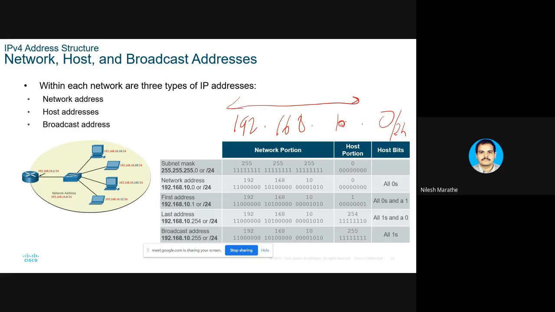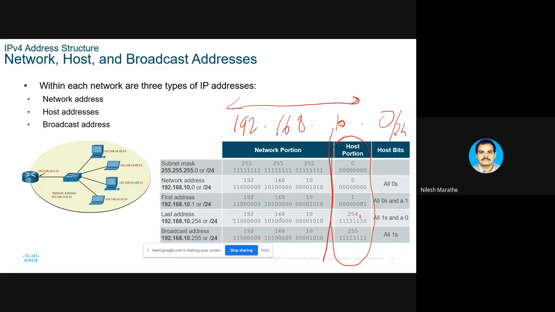Yes or no? The last octet belongs to the host portion. So the first address will be 192.168.10.1. Last will be 192.168.10.254. Broadcast will be 192.168.10.255. That is going to be the broadcast.